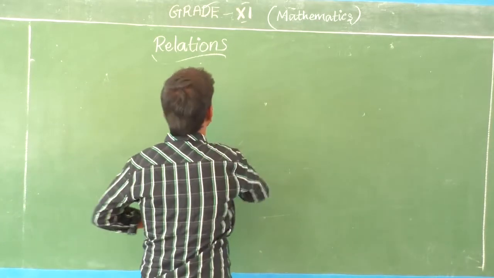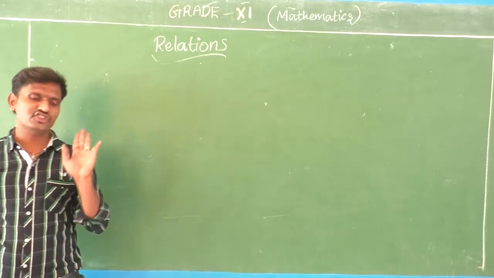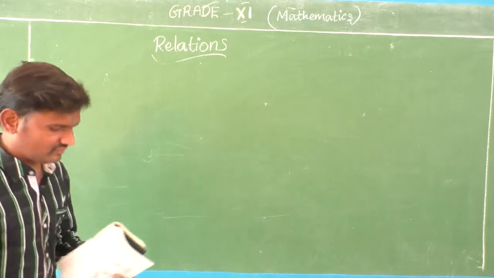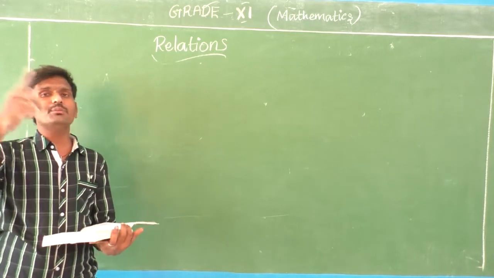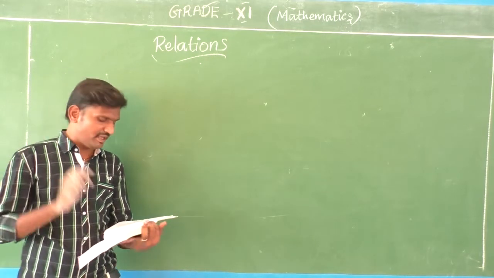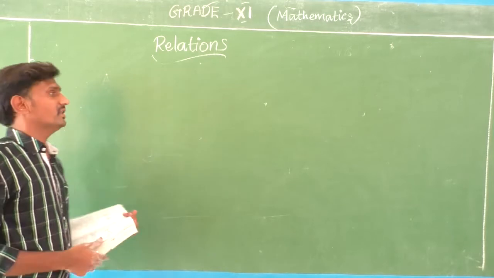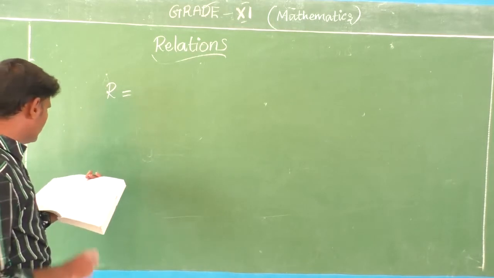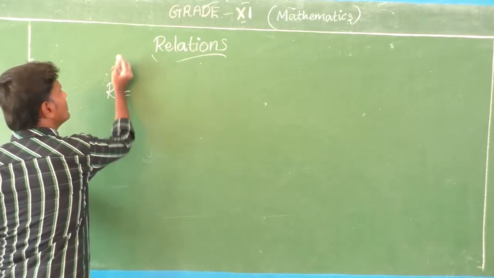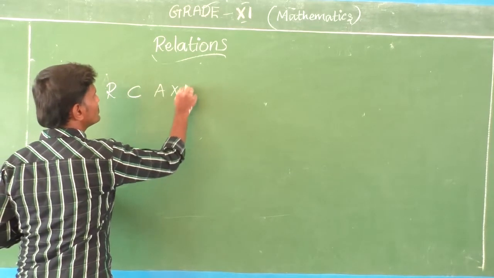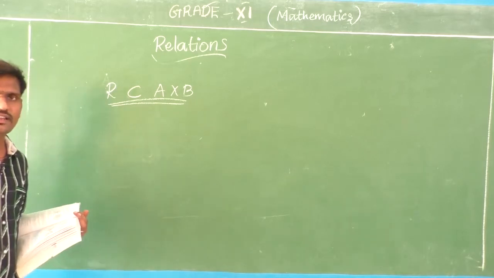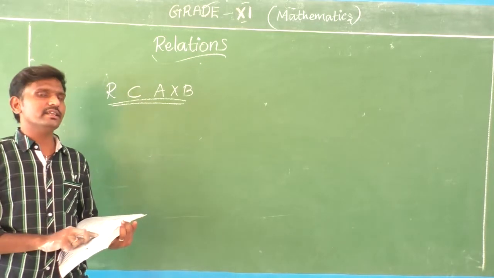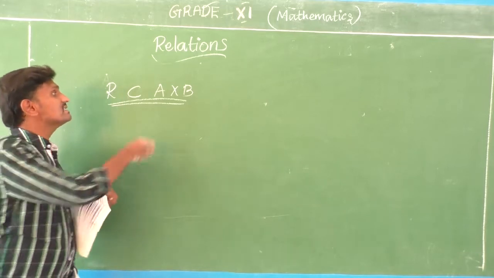Listen. First I am going to give you the definition. What is a relation? A relation R from two non-empty sets A and B is a subset of A cross B. So R is a subset of A cross B. This is the one word you should analyze.